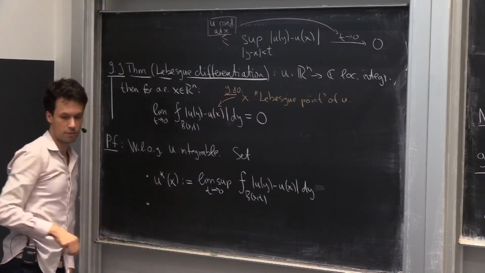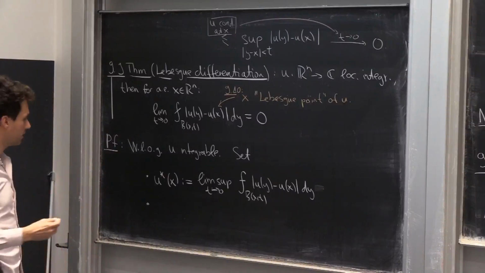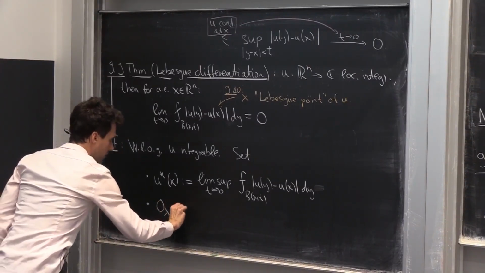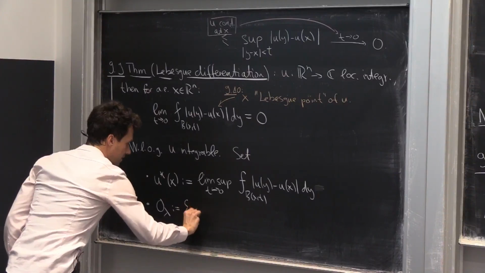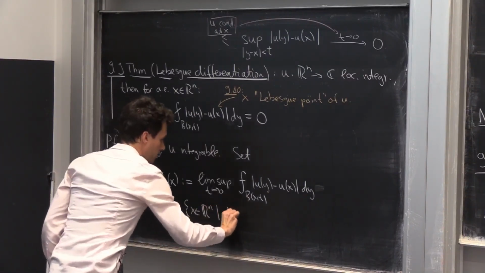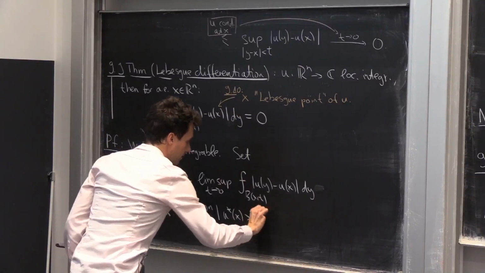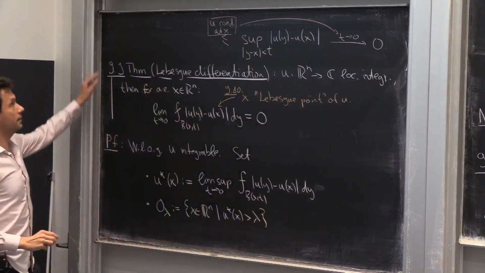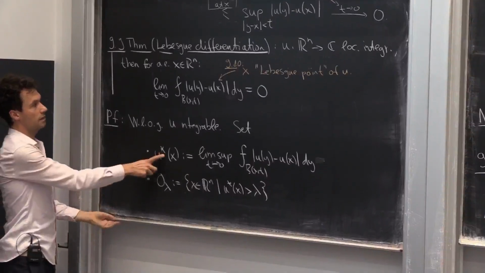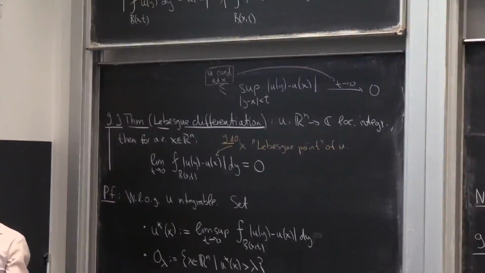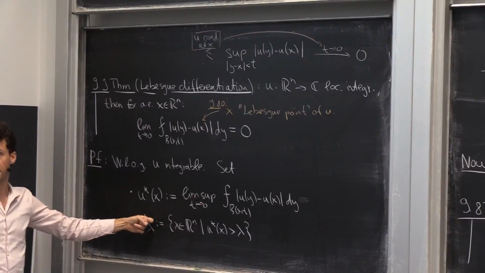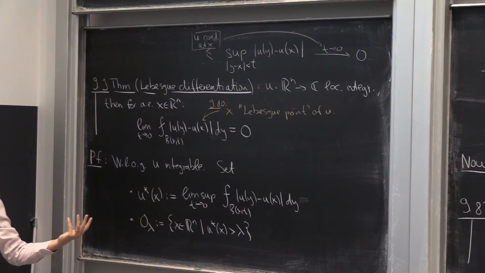And then I'm going to use the usual measure theory trick. I'm going to look at super level sets, O_lambda. They are all x in R^n for which u star at x is larger than lambda. Now, if I want to prove that u star is equal to 0 almost everywhere, it's enough to prove that all of these sets here are null sets.